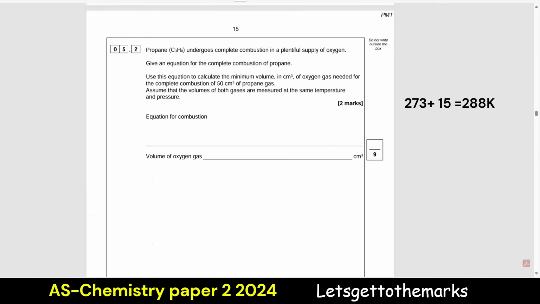So the first bit is the equation for the combustion of propane. So we just want to do C3H8 plus oxygen. It tells us it's complete, so when you do complete combustion, you make carbon dioxide and water. And now it's a case of balancing. Balancing these organic reactions is nice and easy. We've got a 3 there for the C, so we just put a 3 there, 3 lots of carbon dioxide.